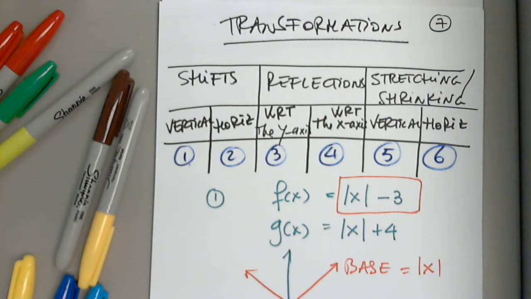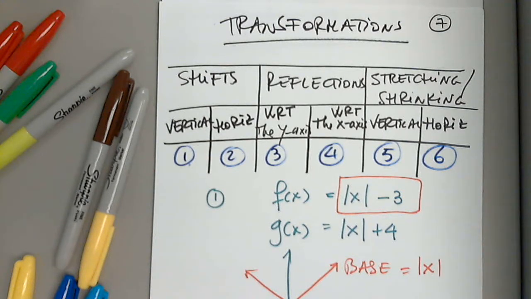So here's how I think about it. I'm asking myself, if I compare these two functions, what am I changing? Am I changing x? No. This has a plus 0. So obviously, I'm changing the other variable, which is y. So if I'm changing y, it's a vertical shift. And you will see if I'm changing x, it's a horizontal shift.